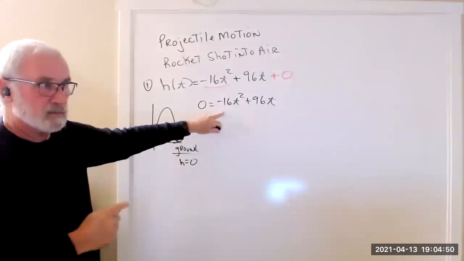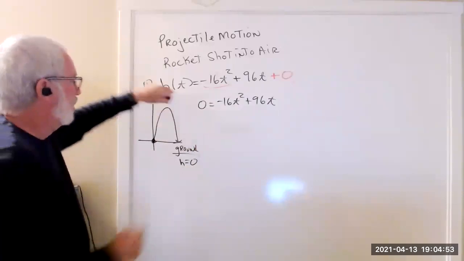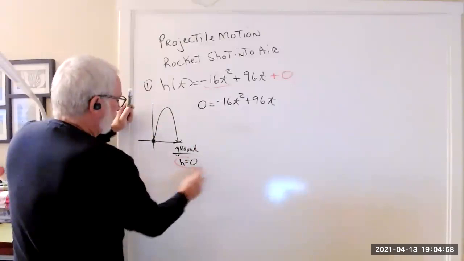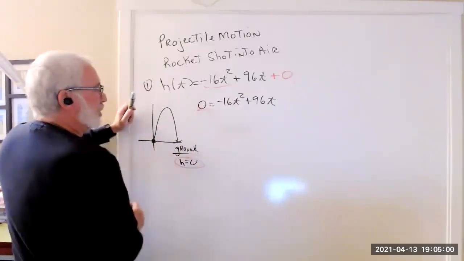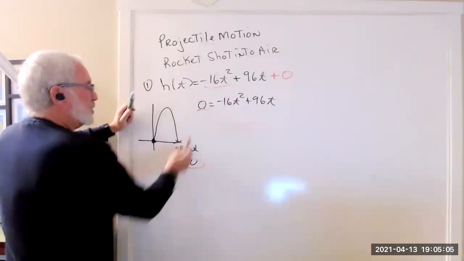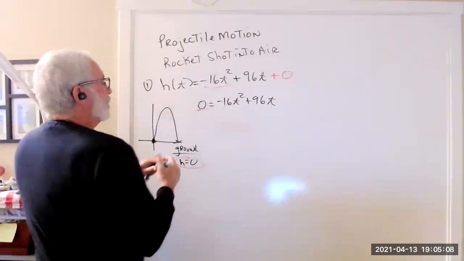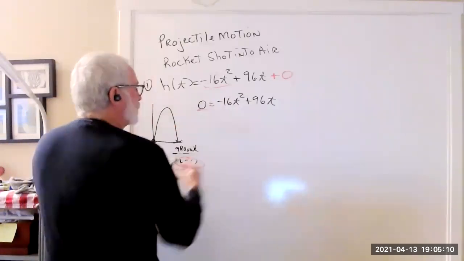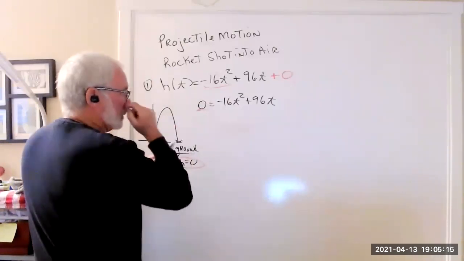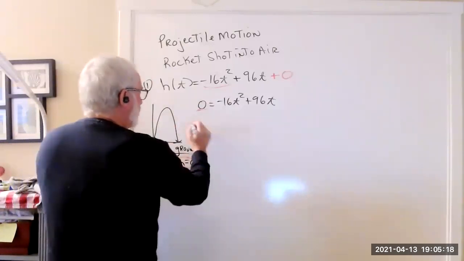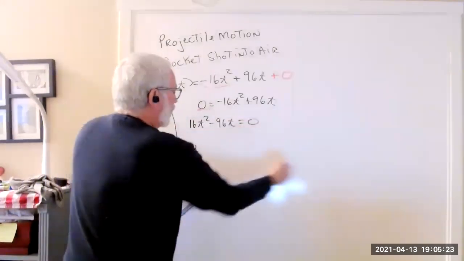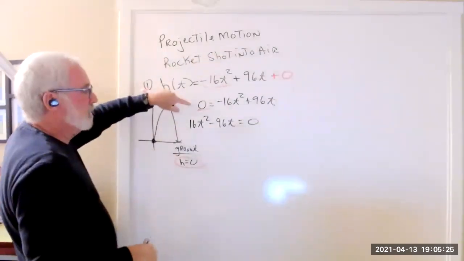This is where it gets a little confusing because it said hit the ground. I know this is 0. When is the height going to be 0? So now all I have to do is solve that. Personally, I like my t-squareds positive, but you can do whatever you want. I'm going to make it 16t squared minus 96t equals 0, bringing everybody over to the other side by subtraction.